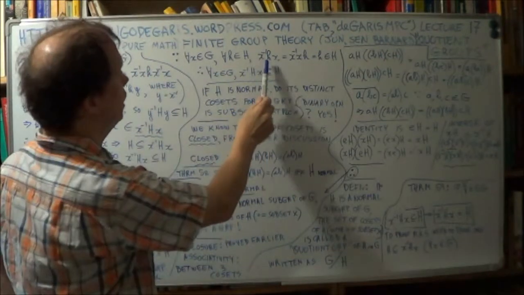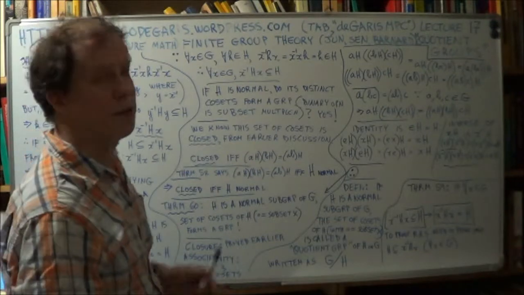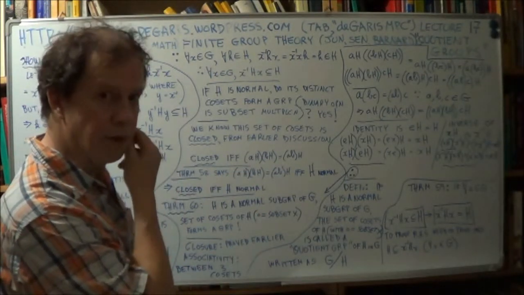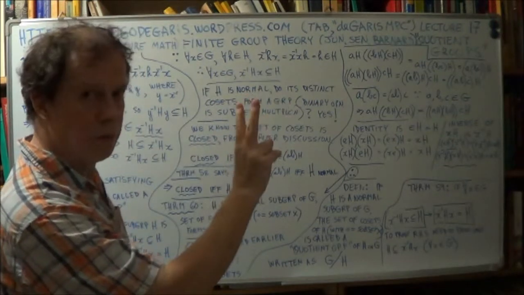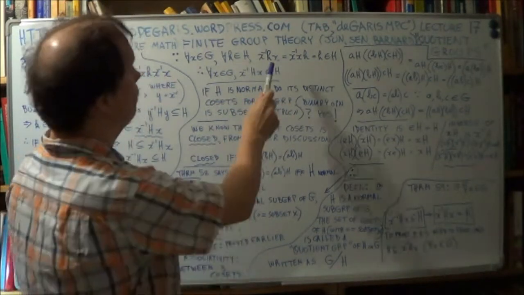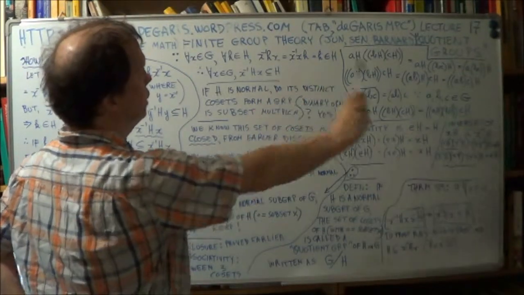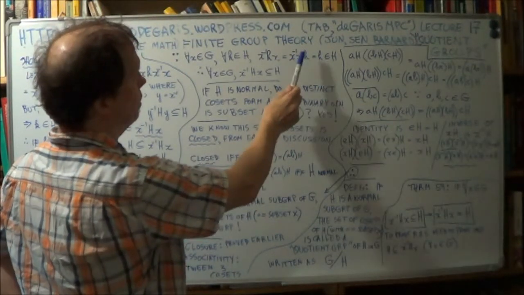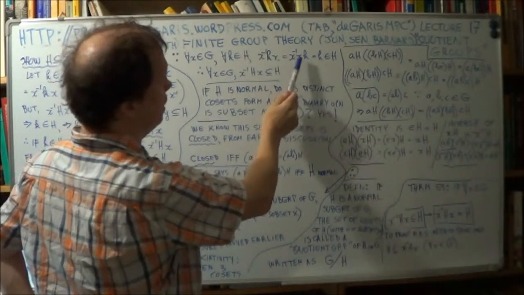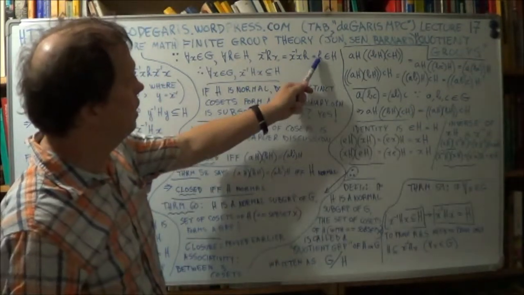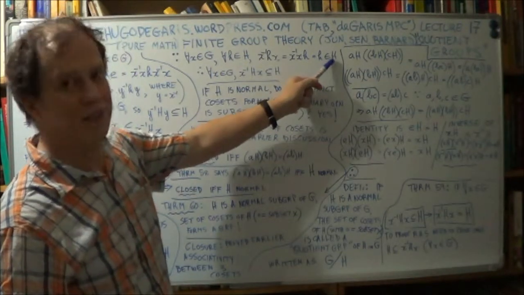Now, h and x commute, right? It's an abelian group. Any pair of elements of your group commute. ab is ba, right? So we can swap these two around. So hx becomes xh. And then you've got x inverse x. Well, that's just e. So eh is just little h. Well, by definition, little h belongs to the subgroup, right?